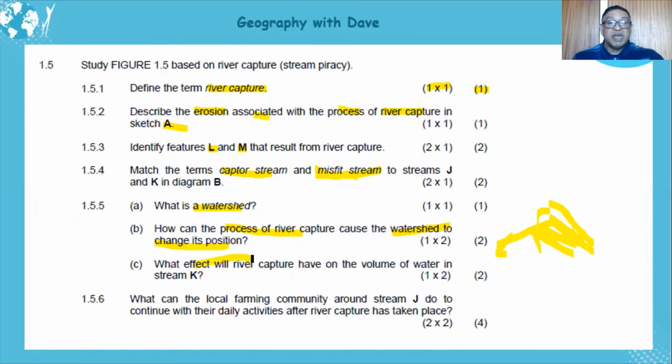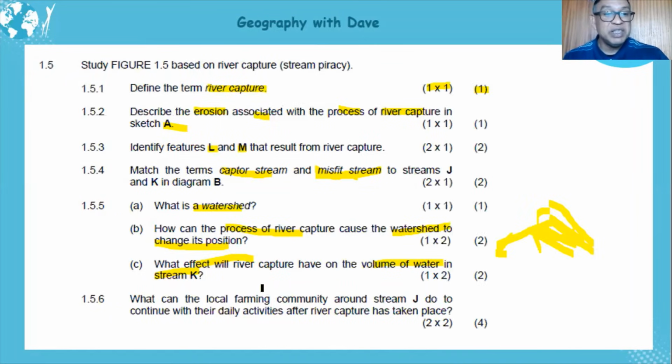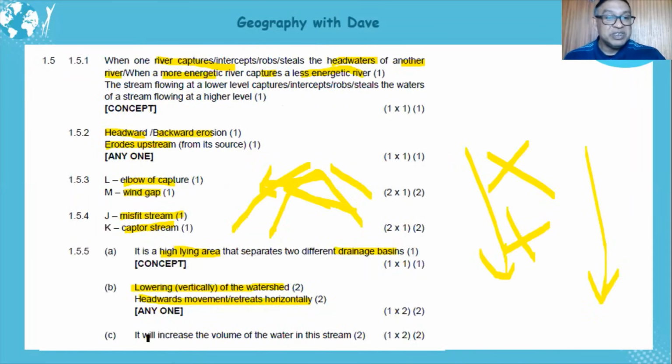What effect will river capture have on the volume of water in K? Let's look at K again. We know K was the captor stream. It captured the water. So what will happen to its volume? It will increase. Working out these simple applications, it will increase. So you can see it will increase the volume of water in stream K. But I worked it out.